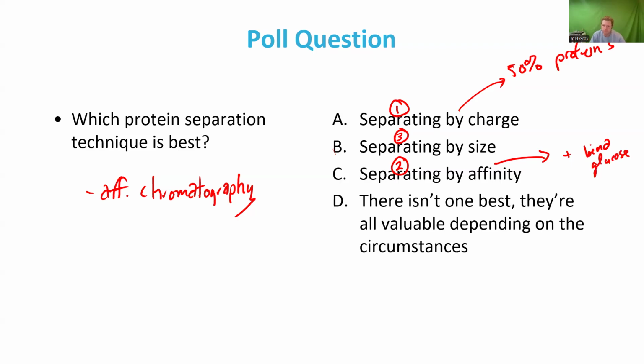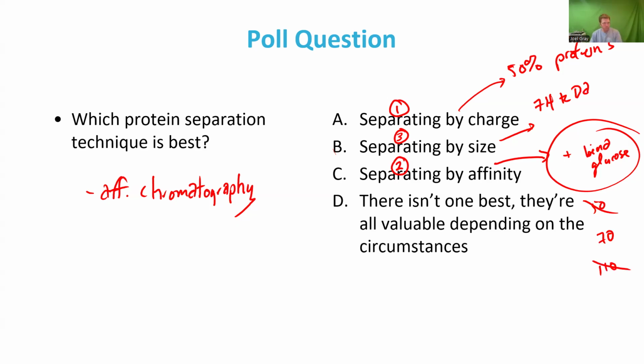Great. Then you go on to do size exchange chromatography. You've got your positively charged proteins that bind glucose. And let's say that your protein is 74 kilodaltons. Well, there might be proteins that do these two things that are 50, 70, 110, in which case you can get rid of these other fractions.